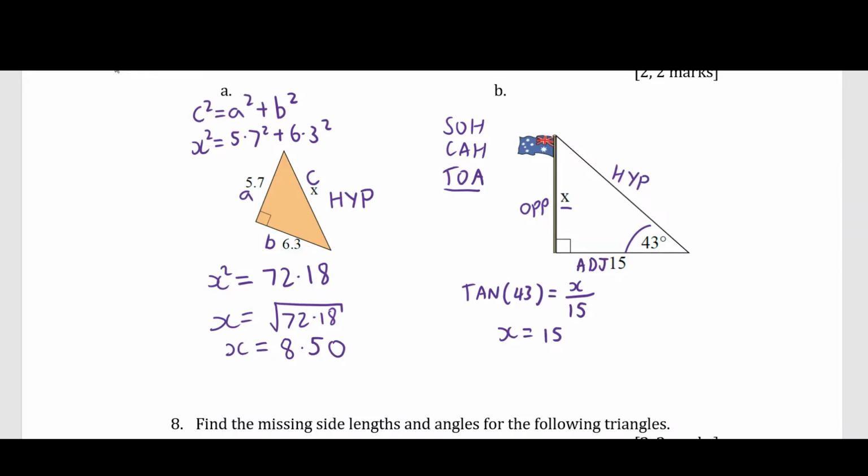X equals 15 times the tan of 43. X equals 13.99. 13.99 there.